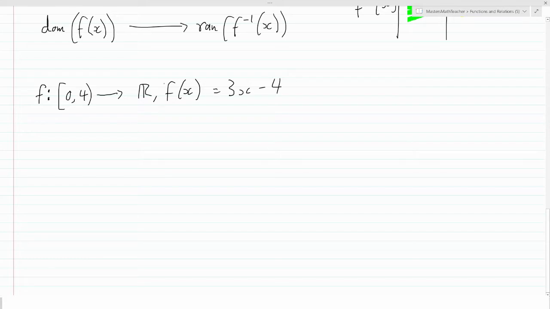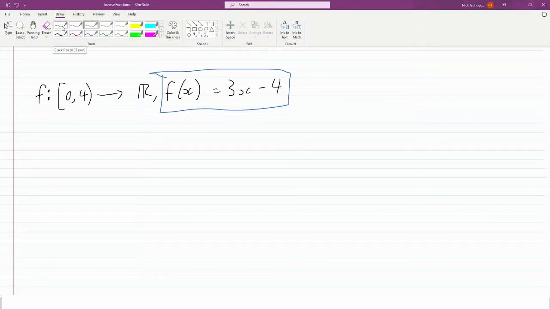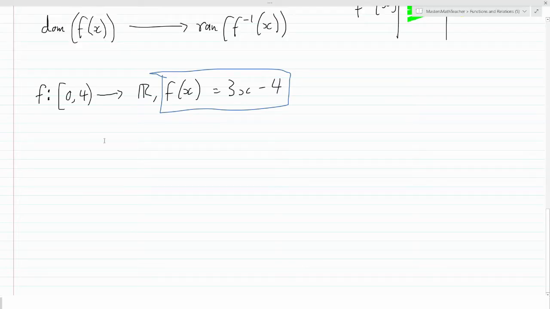Okay, first things first, let's sketch this guy. So once we sketch it, we can figure out some more info. So what do we know? We know the intercept is negative 4, so it's down here. And we know the gradient is 3, so it's sort of steep. So it's going to look something like this.